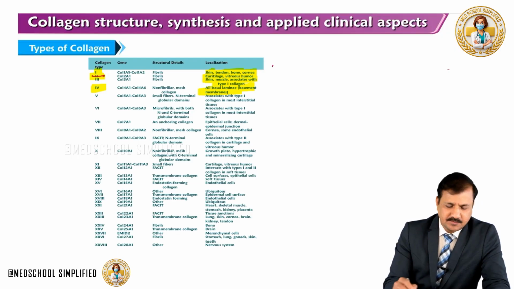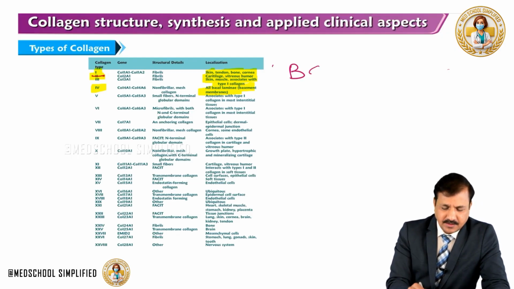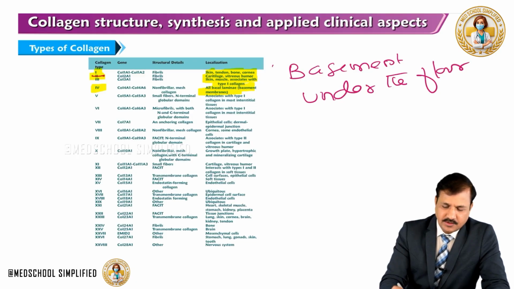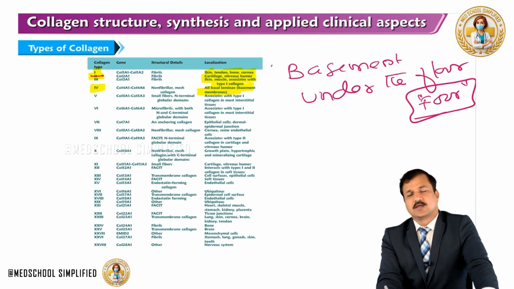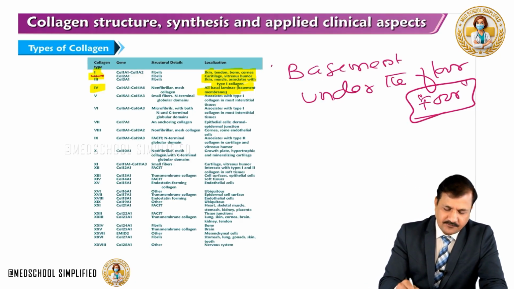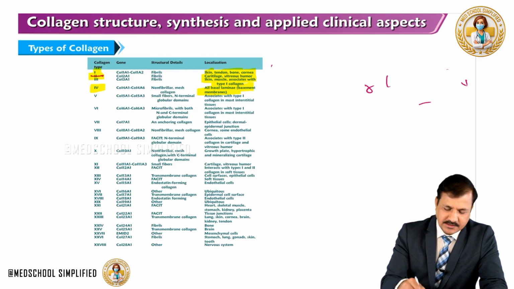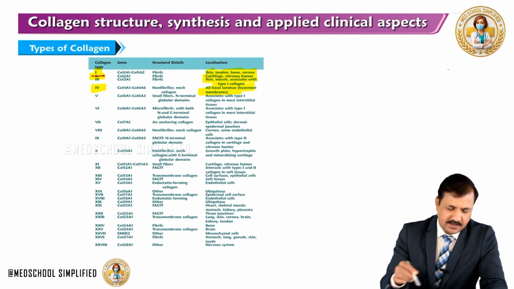We use the term basement there. Basement means under the floor, that is 4, just a rough idea: under the floor, under the 4. That's how you can roughly remember that type 4 collagen is present in the basement membrane.